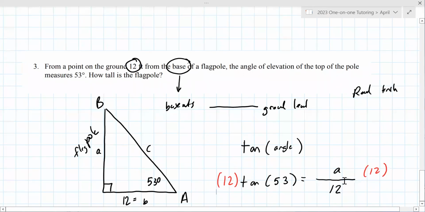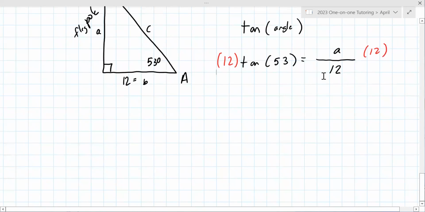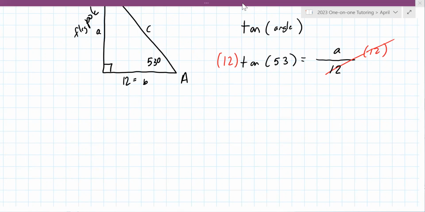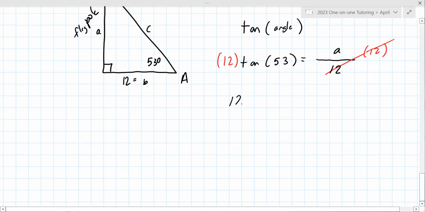That clears out the 12 on the bottom, so A just equals tangent 53 times 12, and the 12 goes in front.